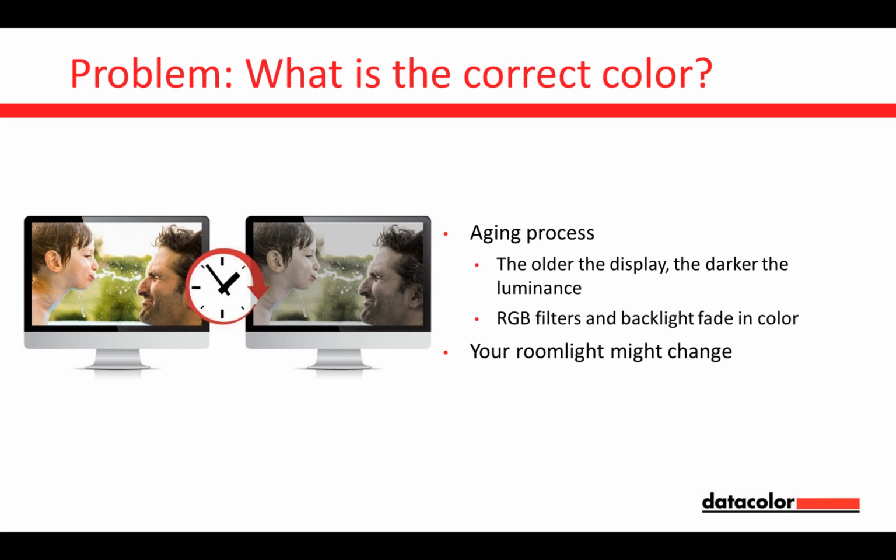The RGB filters in the LCD will change over the years, and maybe your room light situation and also the room light source will fade over the years. So that's something you have to adjust from time to time to make sure that you see your images in the correct way. That means you have to calibrate.